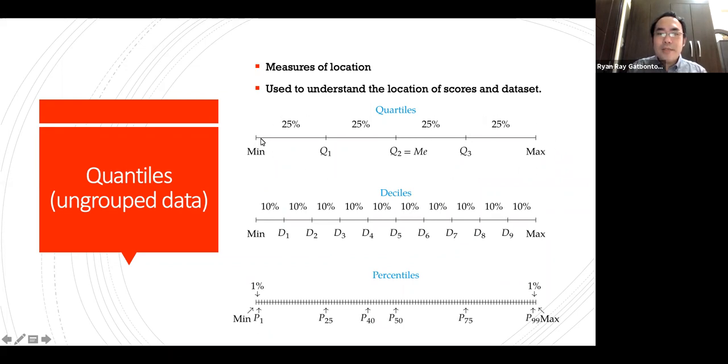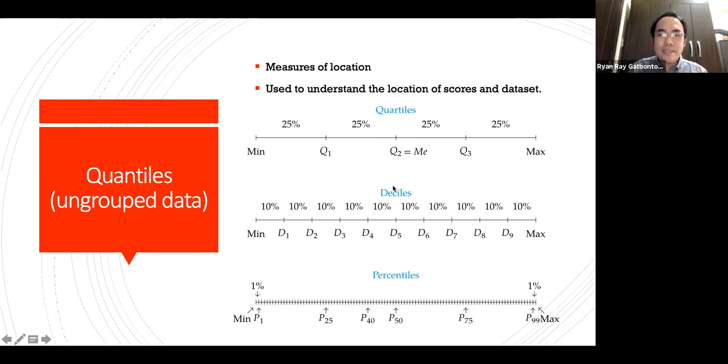Imagine that this is your data set, and the quartiles are the cut points where your data exists. For example, in this part, this refers to your first quartile, the second quartile, the third quartile, and the fourth quartile, or the maximum quartile.